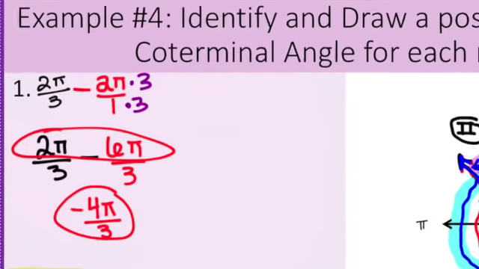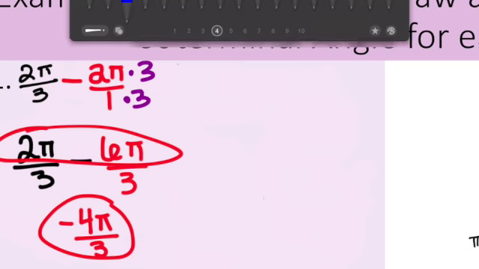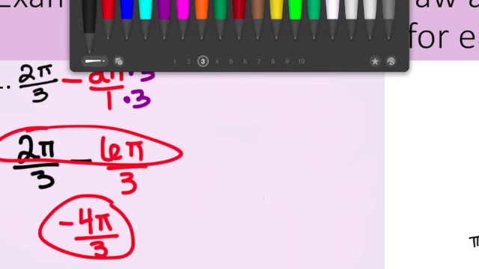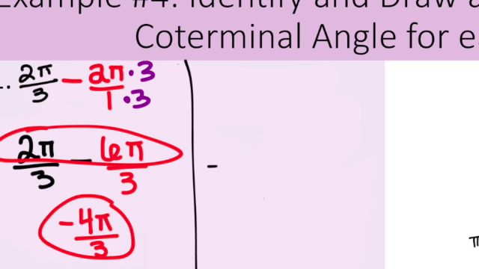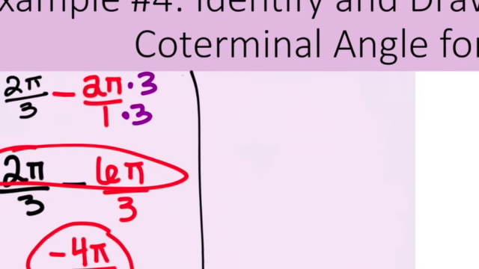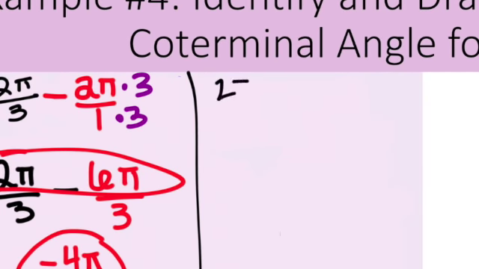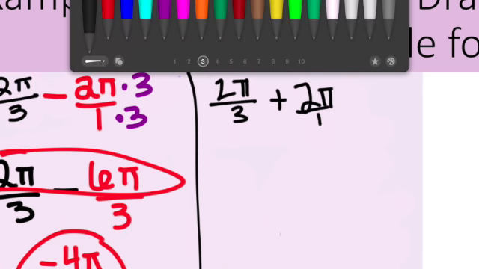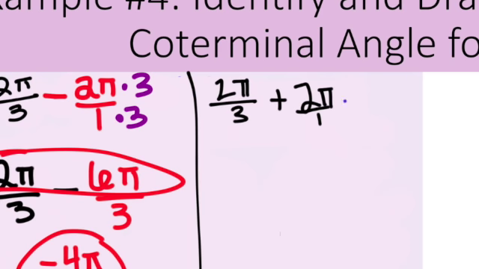So what I have to do is do that exact same thing algebraically. So I'm going to take 2 pi over 3, and now I'm going to have to add one full revolution to it, 2 pi. So let's get our denominator of 1. We're going to multiply the top and the bottom by 3.